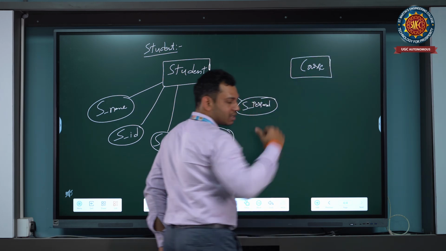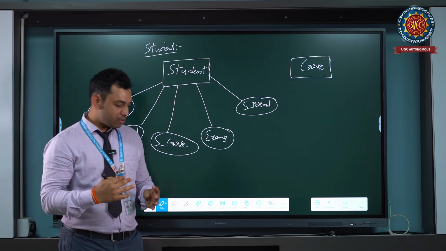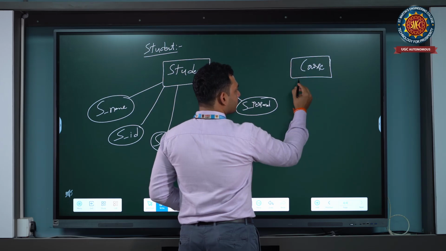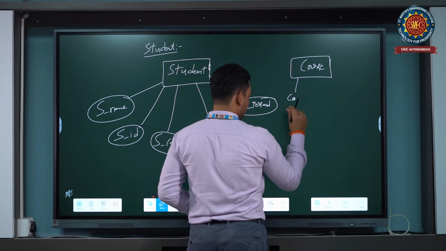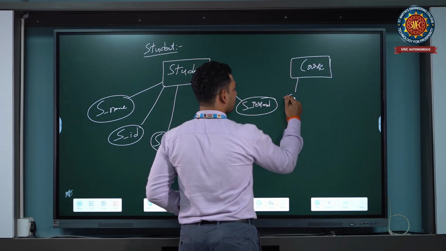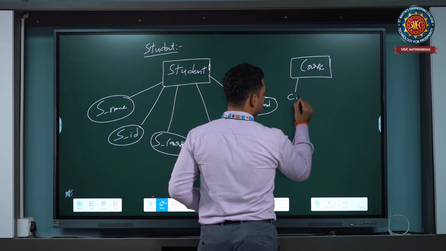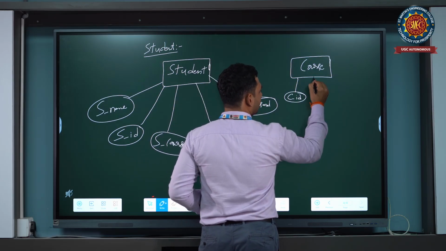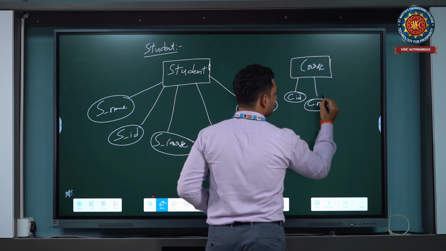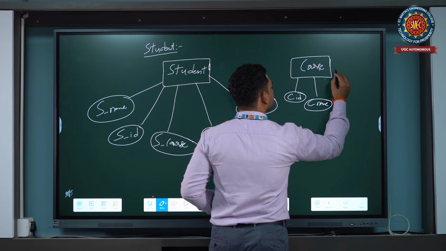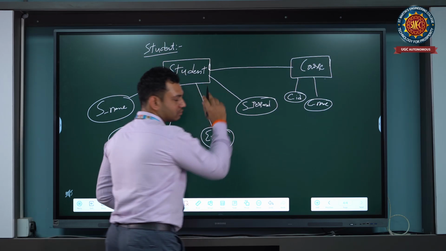It is another entity because in a college they are offering so many branches. So for that purpose I have to assign course ID and next course name, the connection between the course and student.